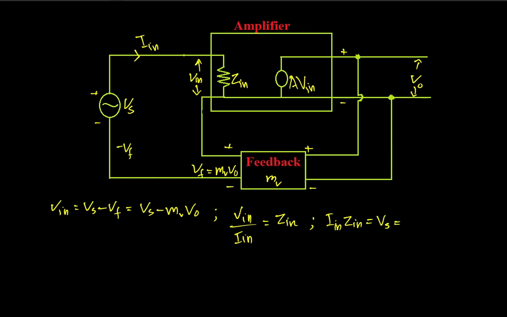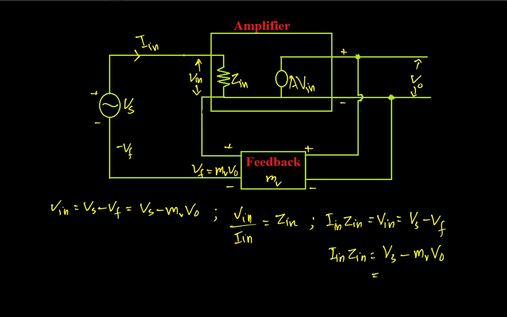Vs, but Vin is equal to Vs minus Vf, but Vf is Mv into V0. So Iin into Zin is equal to Vs minus Mv into V0.